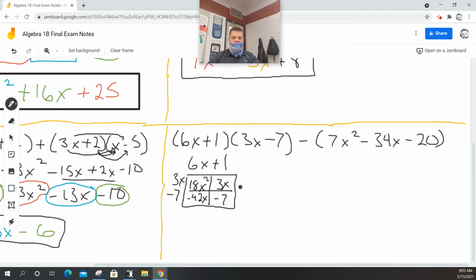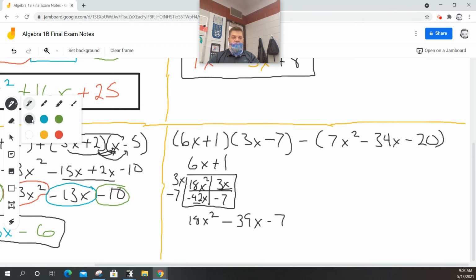So this whole line then becomes 18x squared, negative 42 plus 3 is a negative 39x, and then minus 7.